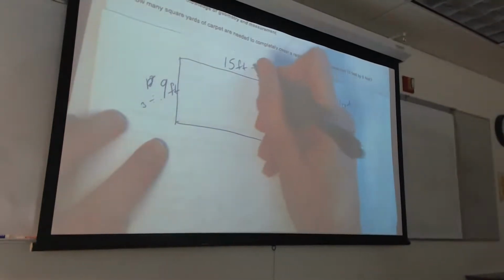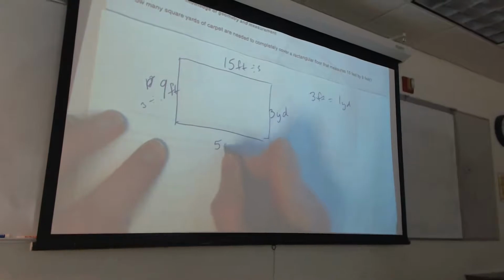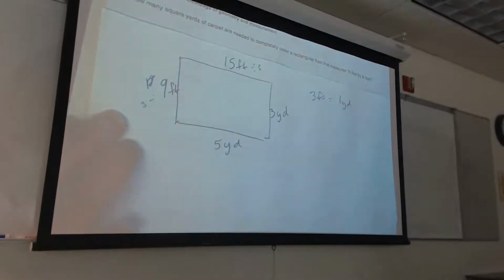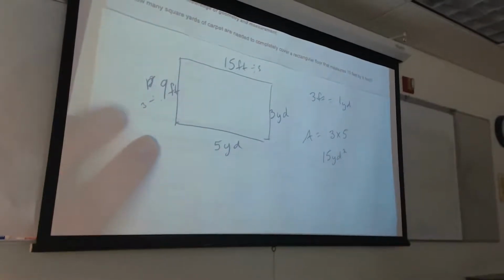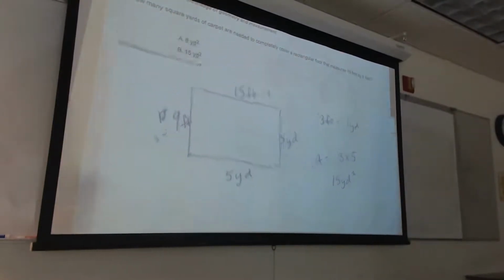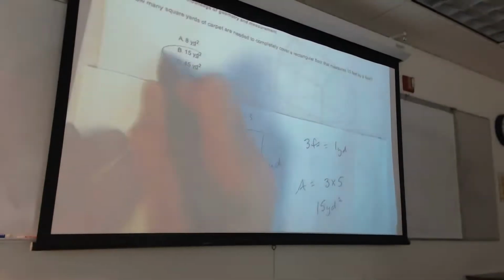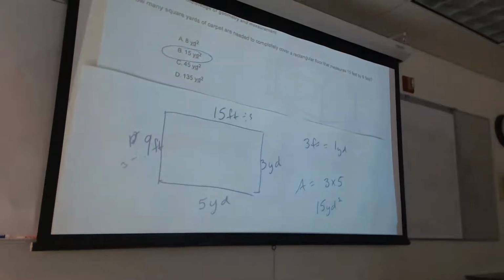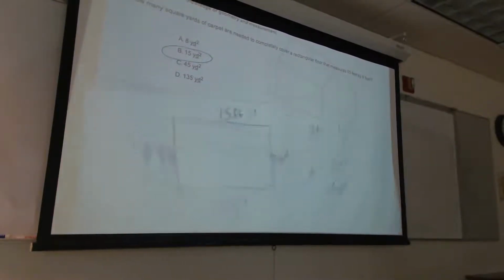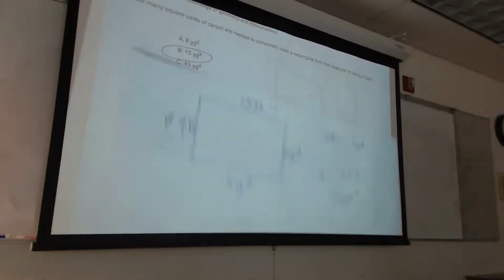If I have 15 feet, divide by 3. And I just want to know what? How many square yards? So we just do area equals 3 times 5, so 15 yards squared. Double checking they all have the same units. Easy enough, right?